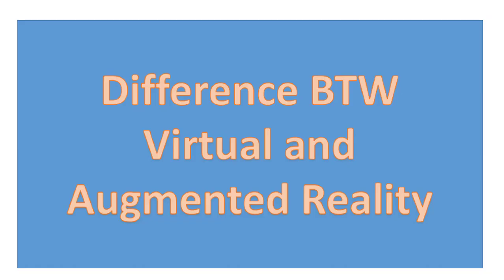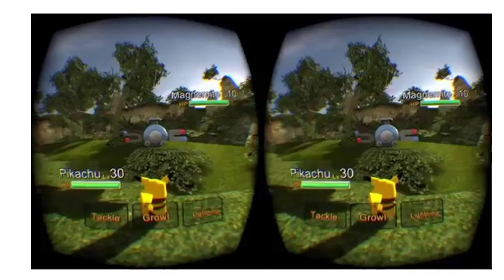So here is the difference between virtual and augmented reality. Augmented reality is also known as mixed reality. Here is an image of virtual reality.